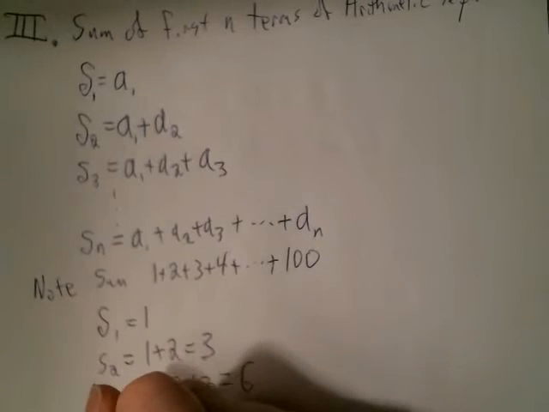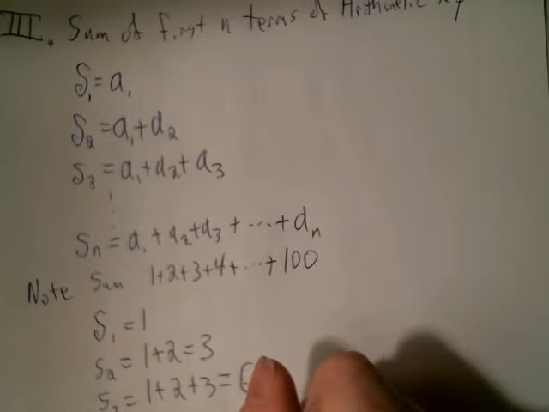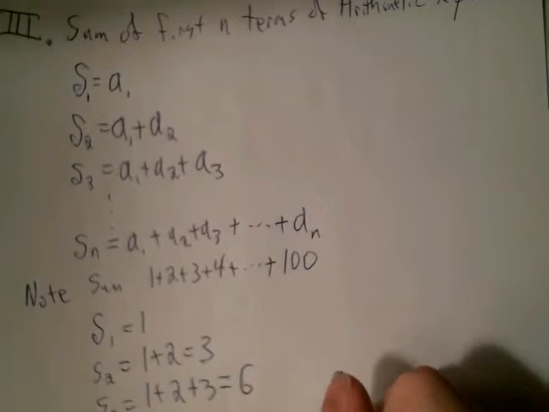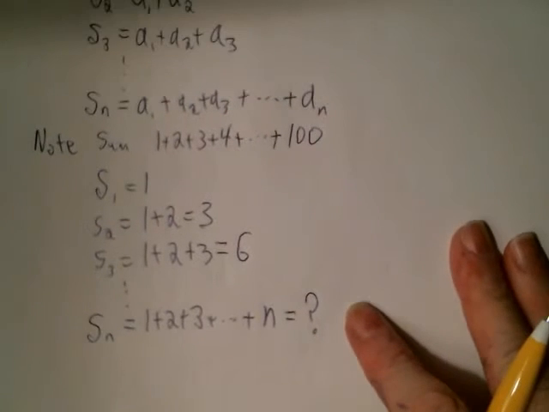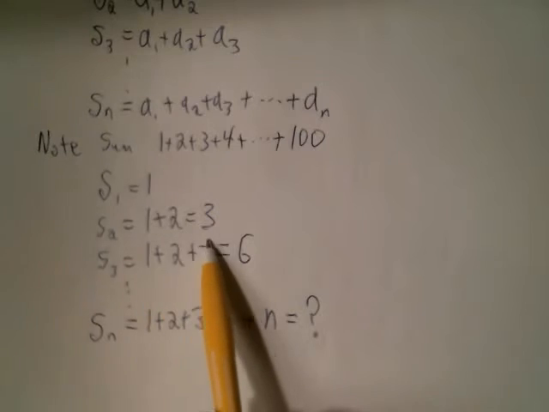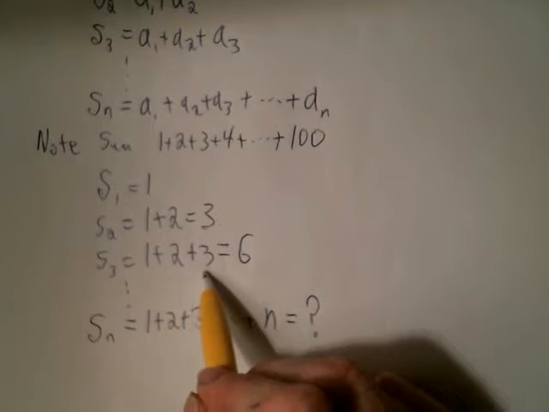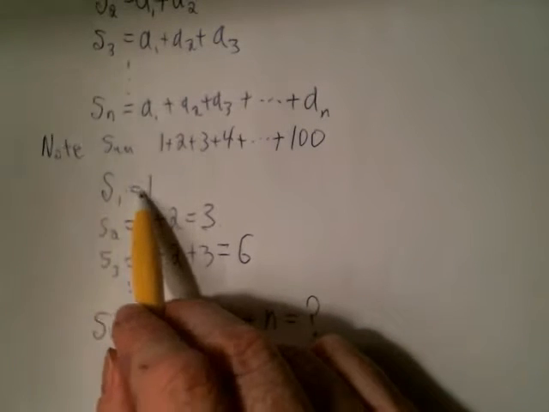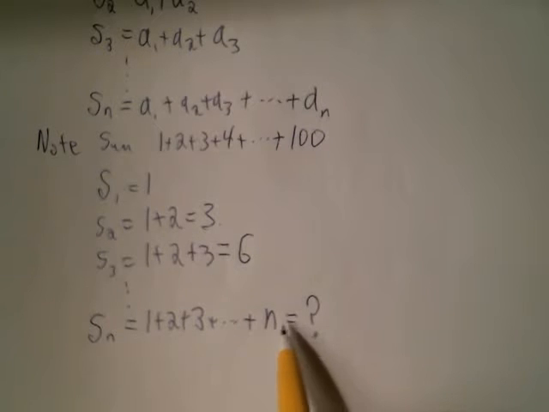And so on, right? And we want a formula for S sub n, which is 1 plus 2 plus 3 plus dot dot dot plus n. So the sequence of partial sums is 1, 3, 6. And we're trying to guess what this last S sub n formula is.